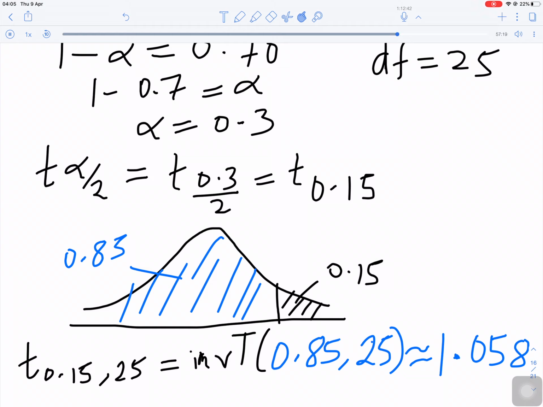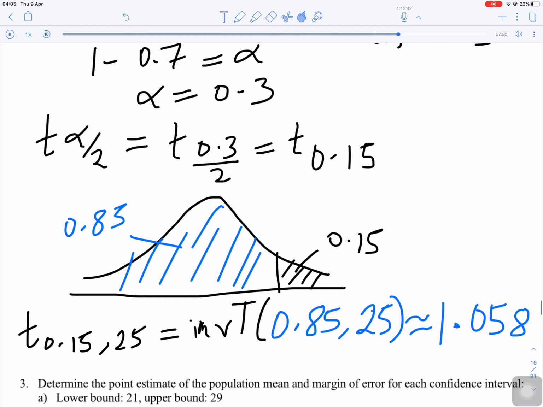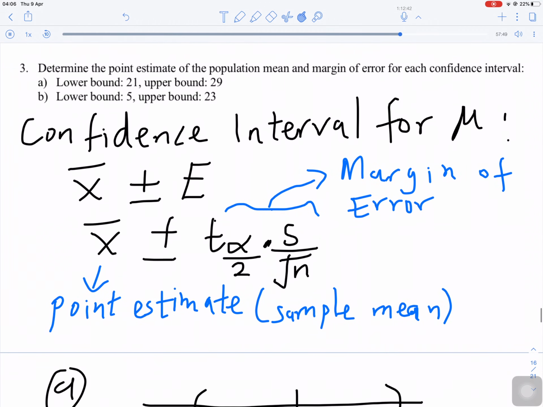So 0.85 as the first argument, then 25 as the second argument, and it resolves to give us 1.058 to 3 decimal places. So the critical t-value that corresponds to 70% confidence at 25 degrees of freedom is actually 1.058.